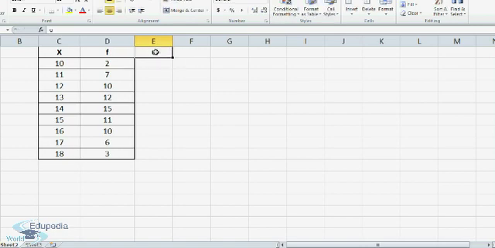Now to get the value of u, I need the artificial value of mean, that is a. Let me fix it at a center point here. A is, let's say, 14, and also I need the value of h, the common ratio, and here we see that the numbers all vary by 1 unit, therefore h is 1.